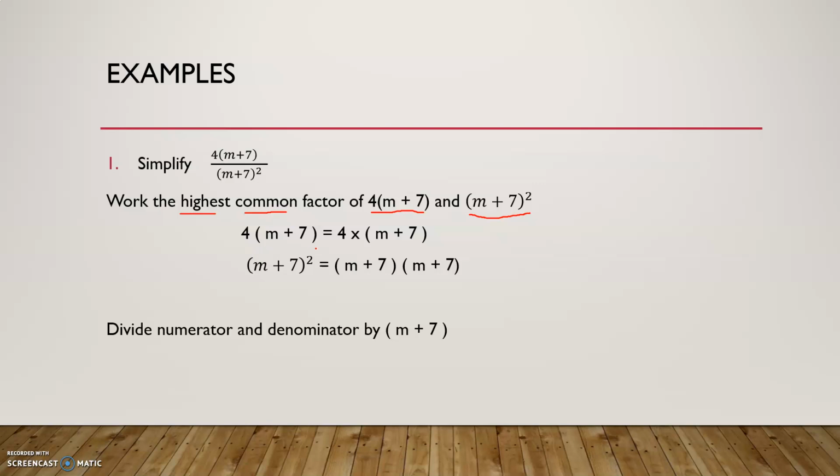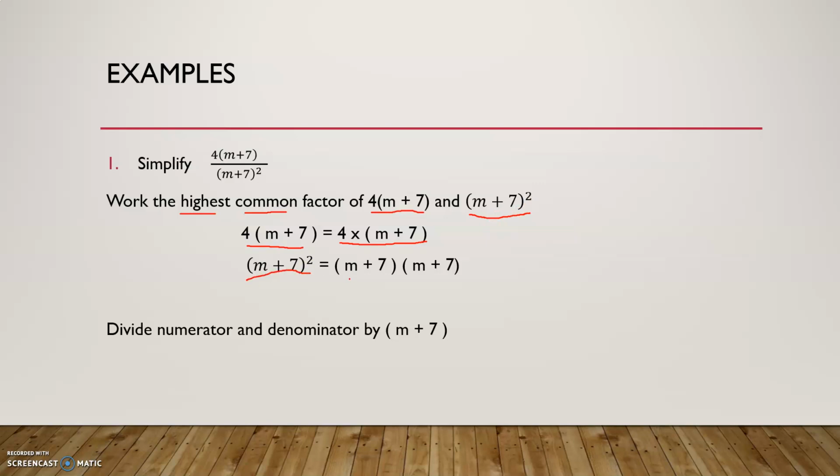Now the factors of 4 times (m + 7) would be 4 times (m + 7), and (m + 7) all squared.